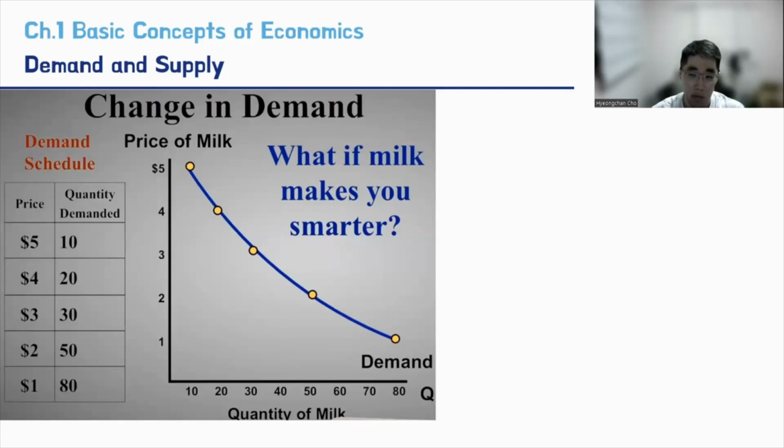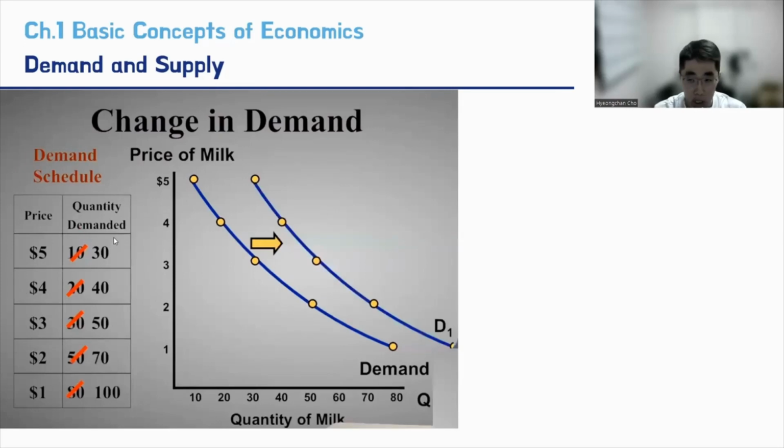If that kind of study comes out in the real world, then people will want more milk than before. Then what happens? At each price, people want more milk because they want to be smarter, so at each price their quantity demanded will increase like this.